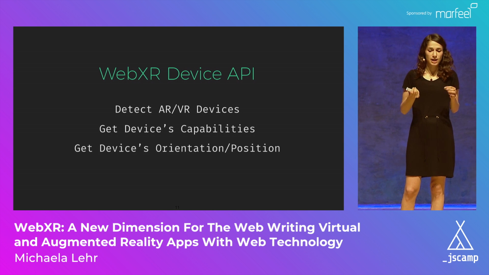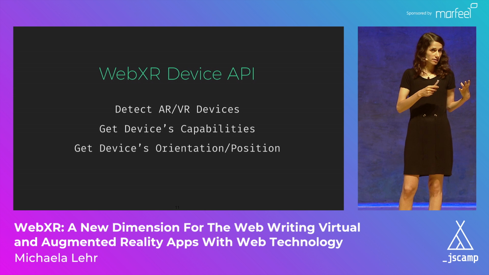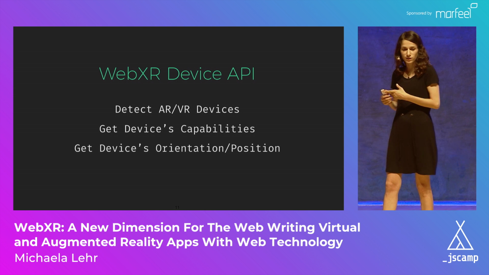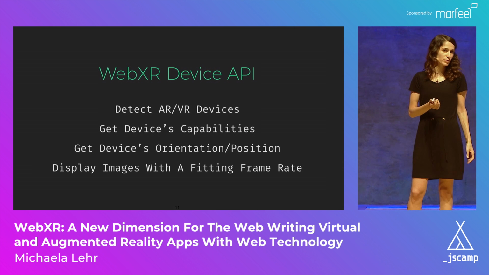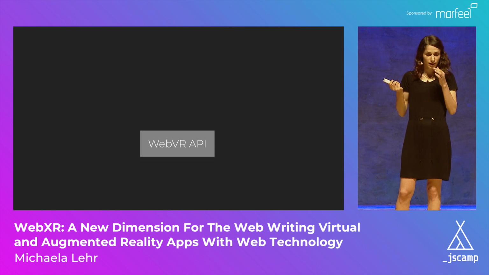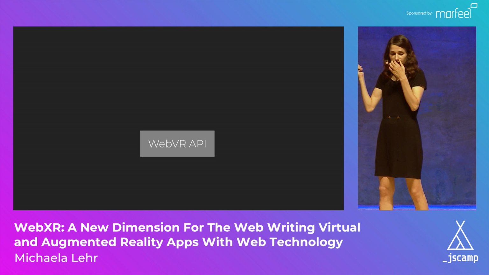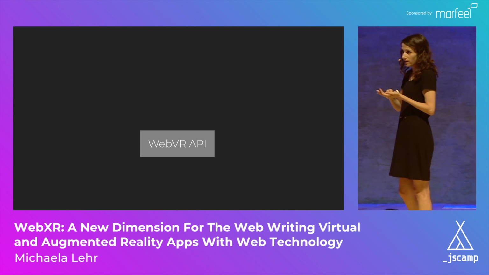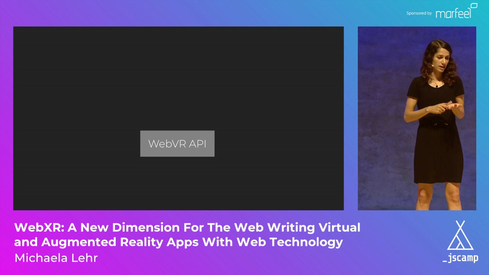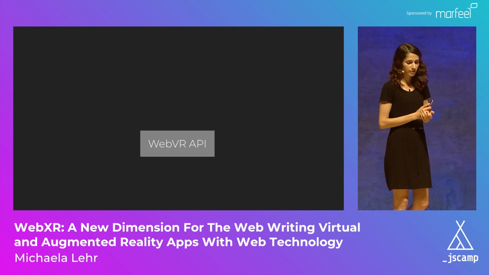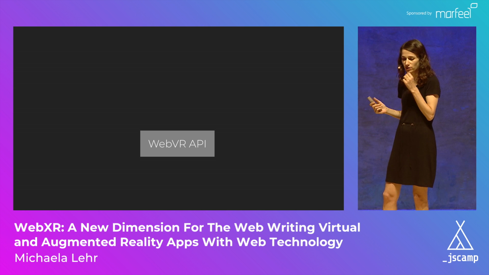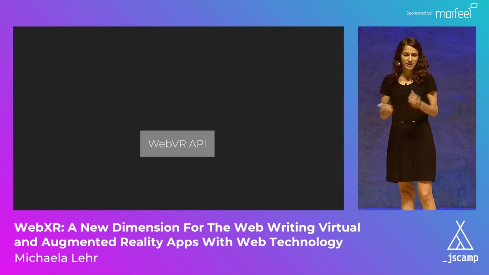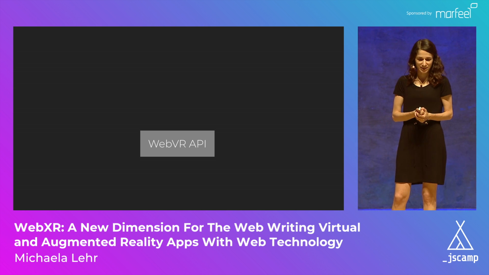The API also tries to get the devices' orientation and position and then render images to the devices with an appropriate frame rate. The new API, as I said, is replacing the now deprecated WebVR API and is currently a draft and unstable, but you can already work with it, maybe not for production, and you can maybe even give your feedback to the people writing the API.